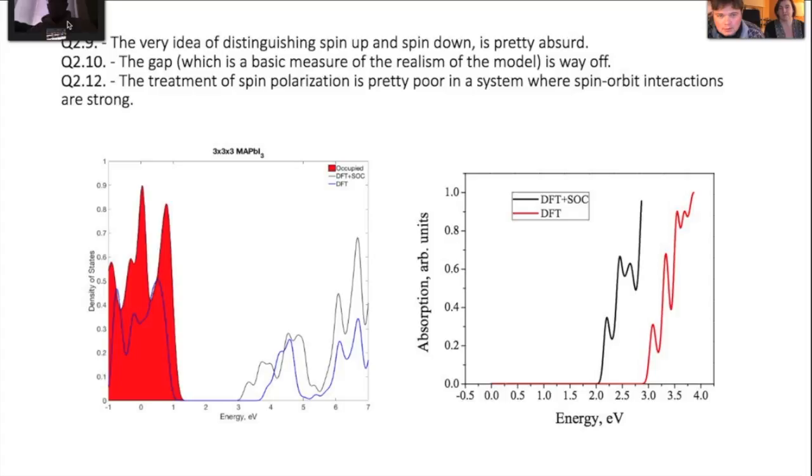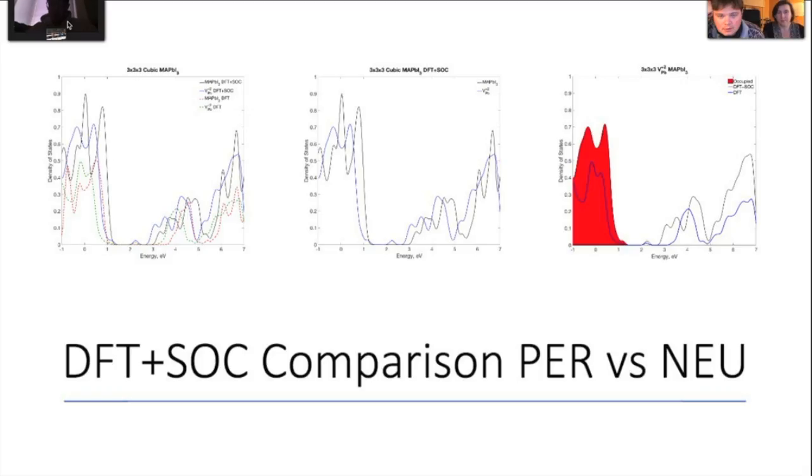And so on this last slide, I don't know if it's a little bit hard for you to see. On the very right-hand side, I'm going to work backwards, is the same thing. It's the density of states with and without spin orbit coupling for the vacancy model. And so again, you see something similar.